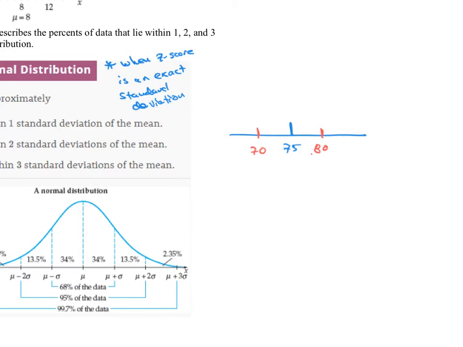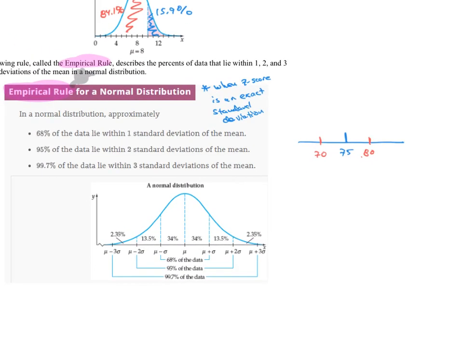It's not 80%. What the empirical rule states is as long as it's normally distributed, the amount that lies between 1 standard deviation of the data is 68%. So we know that 68% of the people who took the test, as long as it was normally distributed, got scores between a 70 and an 80. Just take that mean. Mean is 75. Let me write that down so you know.